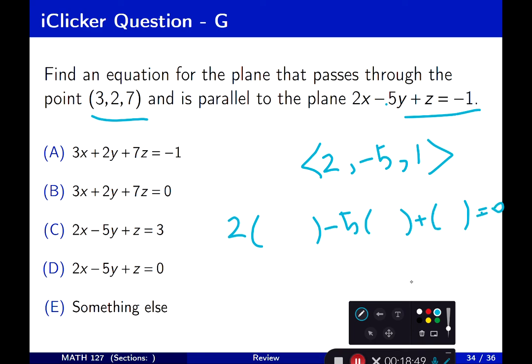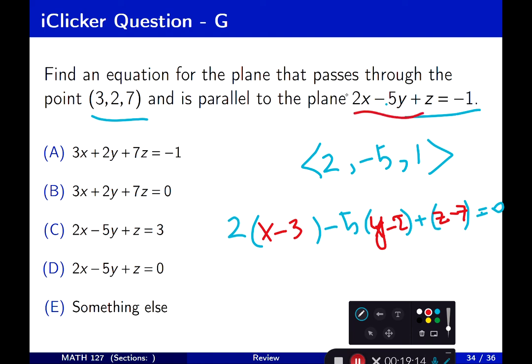And then I can put in x minus 3, then y minus 2, and z minus 7. And then I can solve this and clean it up. There are a few options that don't have the same.